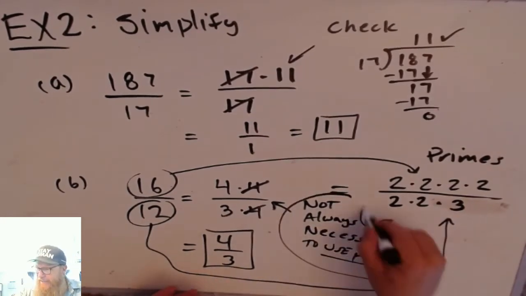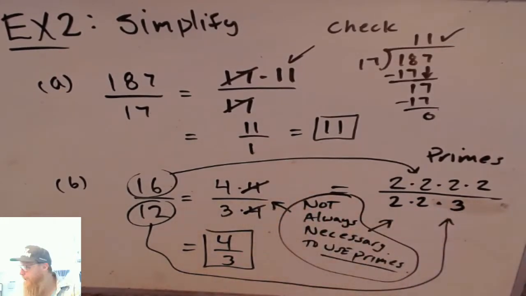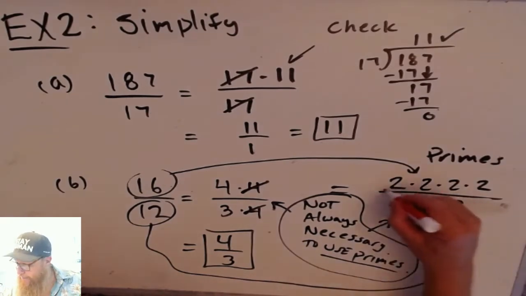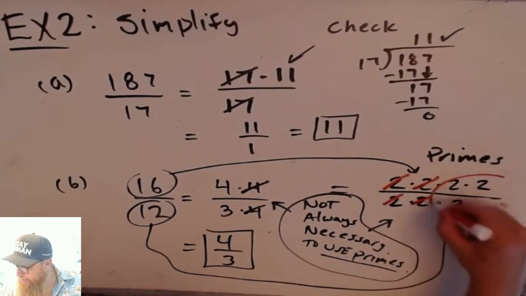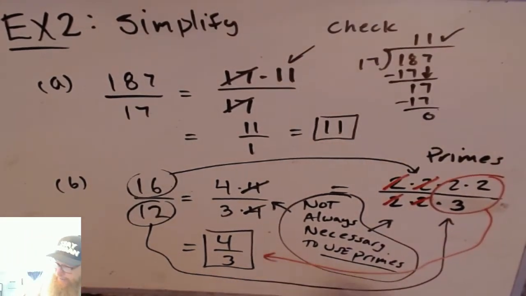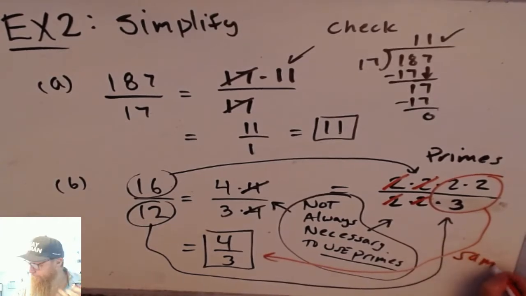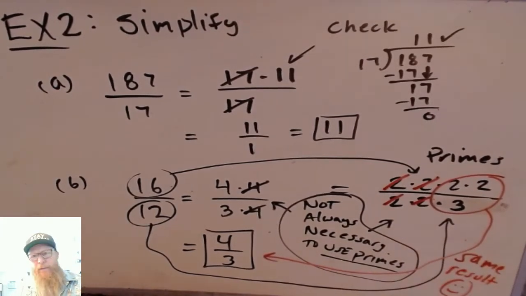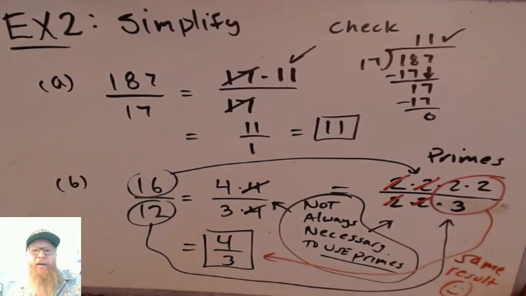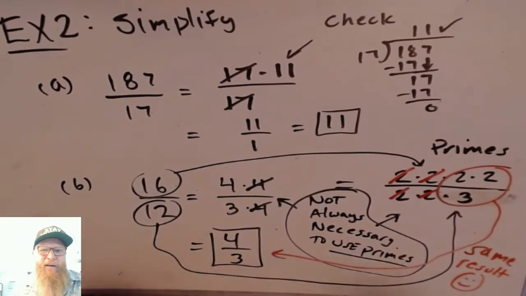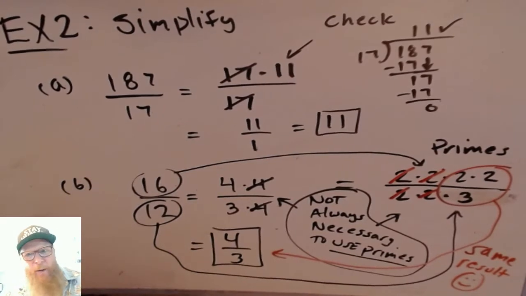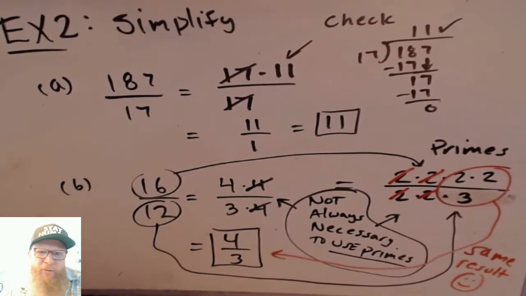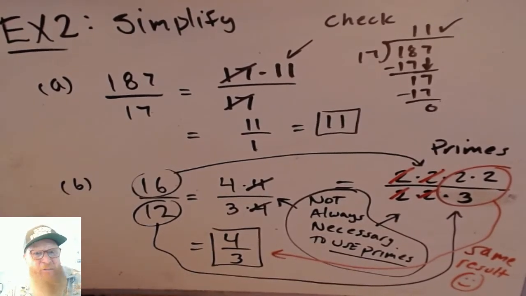And this is not necessary. It's too much work, but it's still correct. Cross off the 2's, and you're still going to get the same result. So if you want to know whether something is necessary, do it both ways, and if you get the same result, then it was not necessary. It was sufficient, but not necessary. Okay?